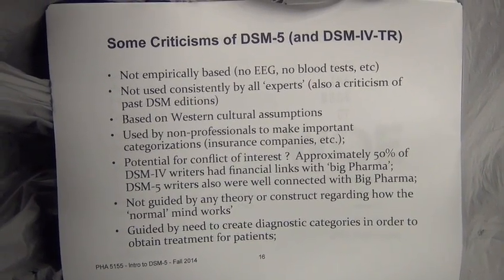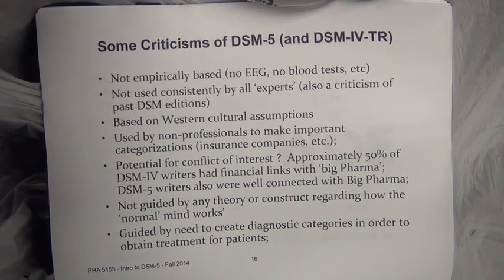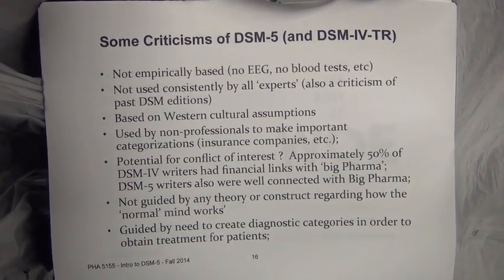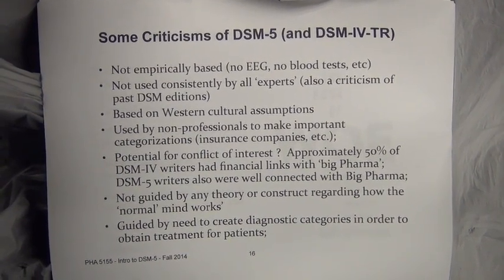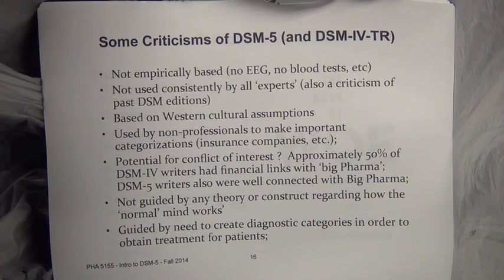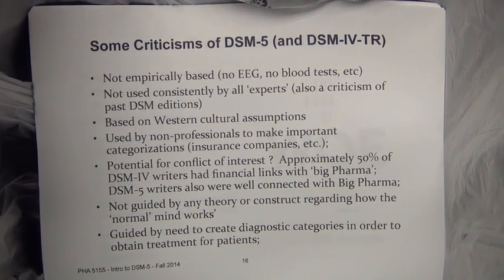It's argued that it's used by non-professionals to make categorizations as well. Insurance companies make decisions based upon DSM that really aren't what DSM was intended to be used for. There are arguments that there's a personal conflict of interest, primarily a financial interest.